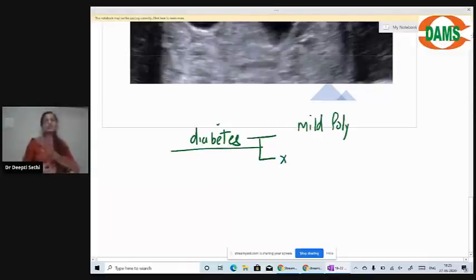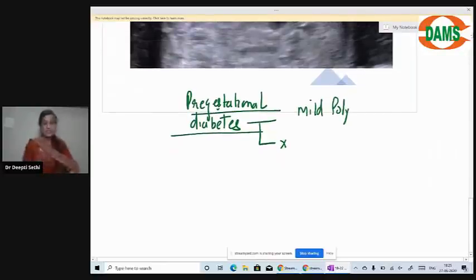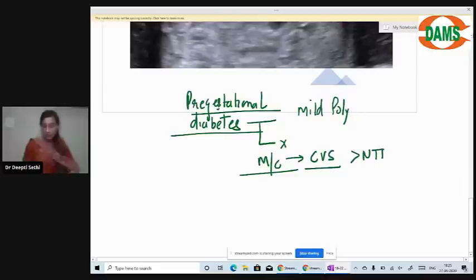The classic anomalies which have been described in overt or pre-gestational diabetes are, so what are the most common anomalies? The most common anomalies that you would see in the fetus in pre-gestational diabetes are cardiovascular followed by neural tube defects, right? So more common anomalies are not GIT anomalies.